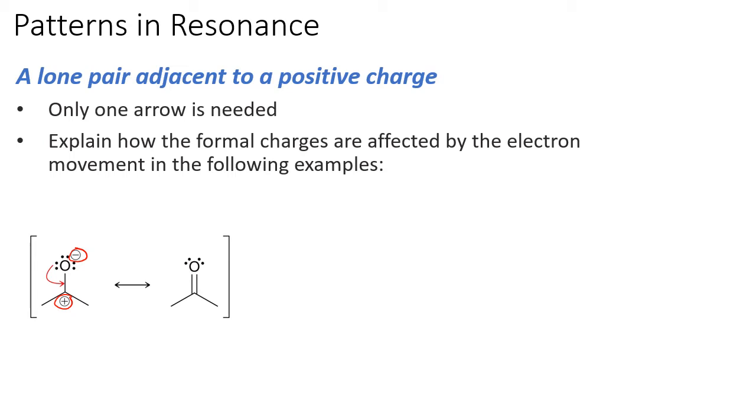We can take one of those lone pairs of electrons on the oxygen and move them in between the carbon and the oxygen to create a carbon-oxygen double bond. So this actually creates a better resonance structure when we start comparing who is the best, because now our oxygen has a 0 formal charge and our carbon has a 0 formal charge, but these are still two resonance structures.